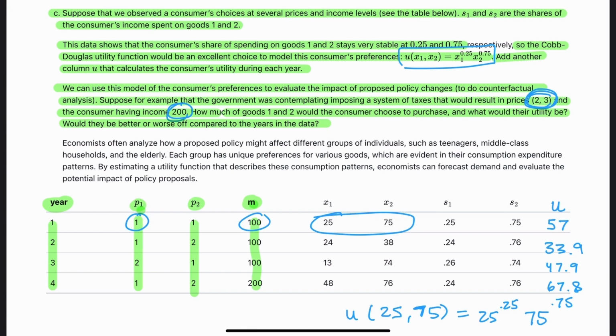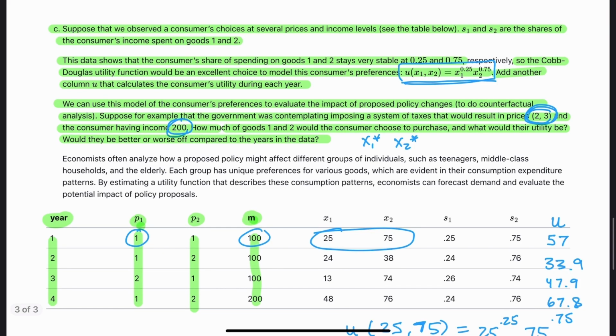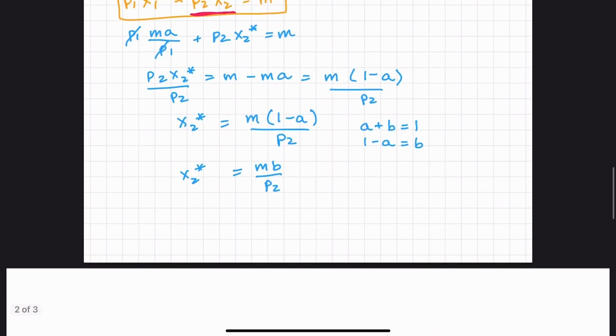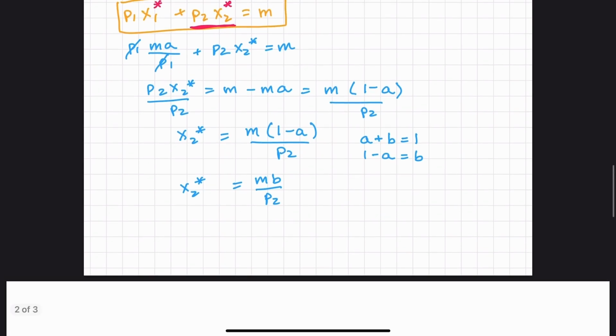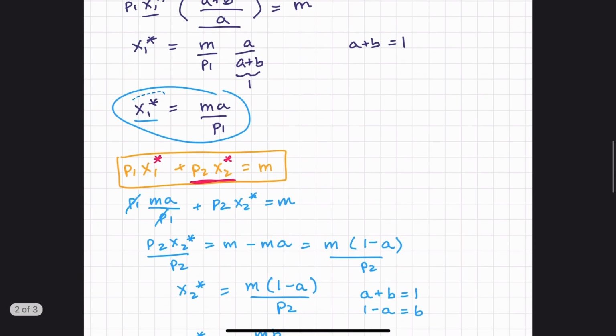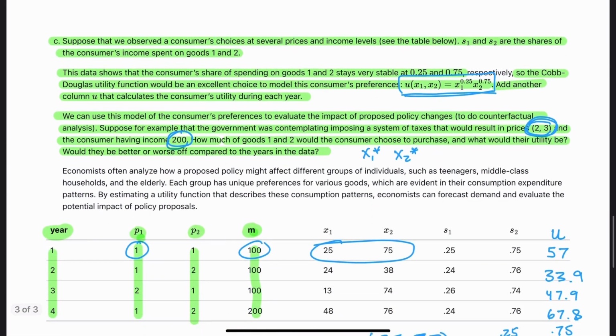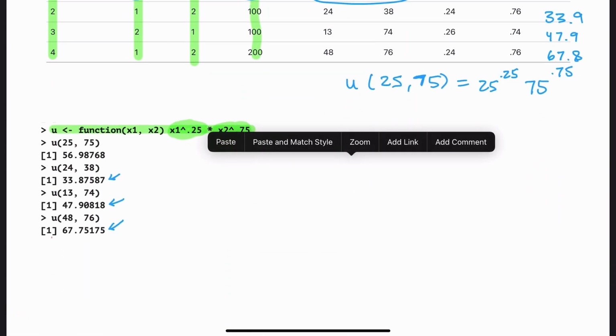So first we want to solve for x1 star and x2 star here. We know that their utility is Cobb-Douglas, so we can use the formulas that we solved for here. X1 star will be this, and x2 star will be the same thing, but for B and P2.